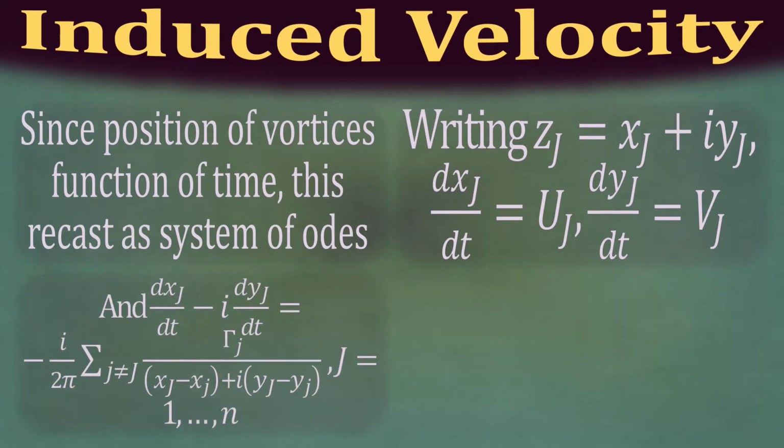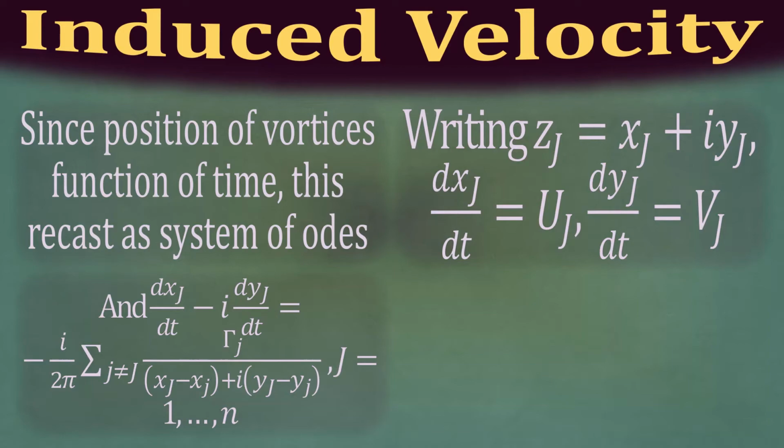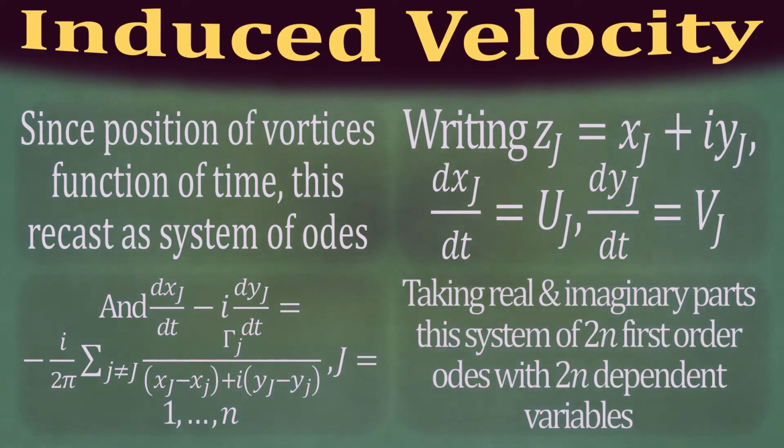Hence, dxj over dt minus i dyj over dt is equal to minus i over 2 pi times the sum over all j not equal to capital J of gamma j over x capital J minus xj plus i times y capital J minus yj, for capital J from 1 to n. Taking the real and imaginary parts, this is a system of 2n first order ODEs with 2n dependent variables.